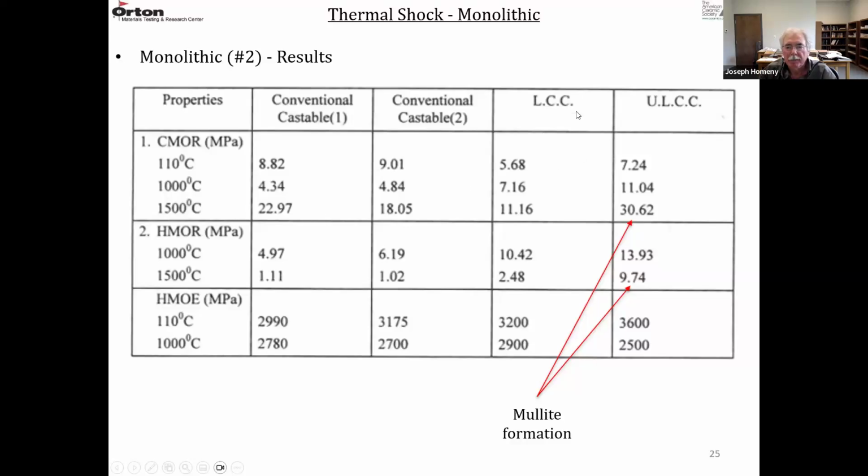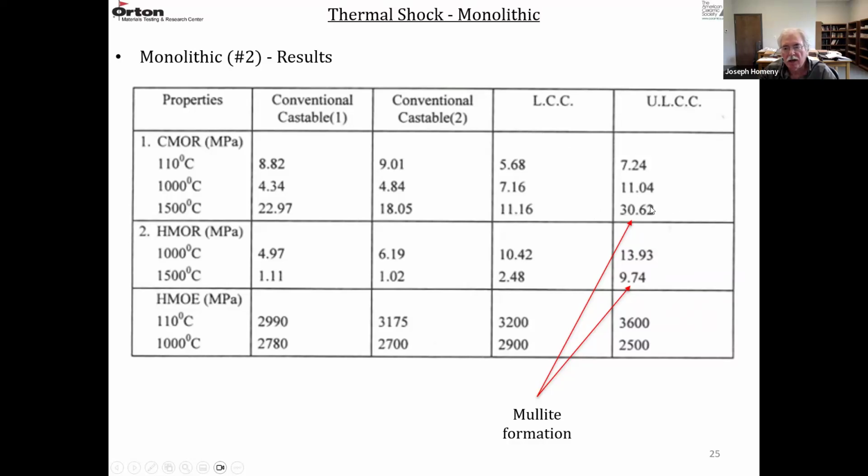In these low cement castables, you don't really see the strength falling off because of the low cement contents. And then at the higher temperatures, there's sintering taking place and the strength increases.